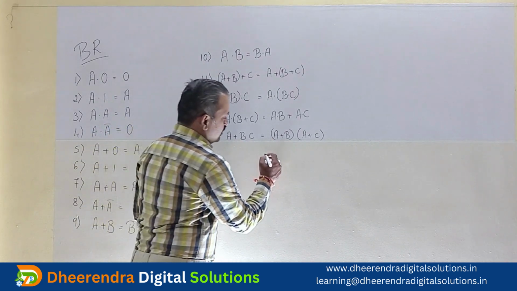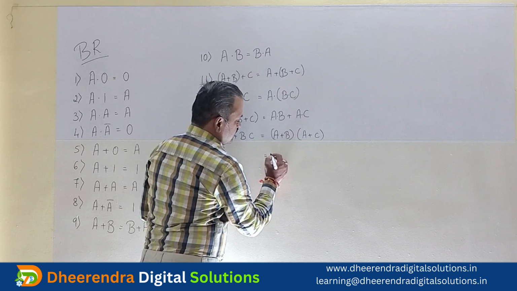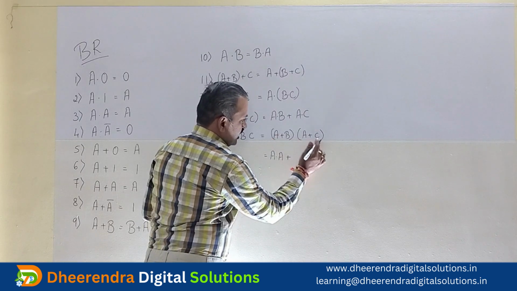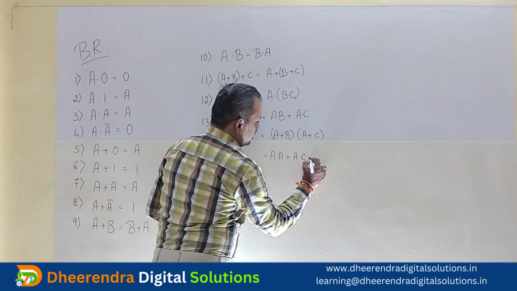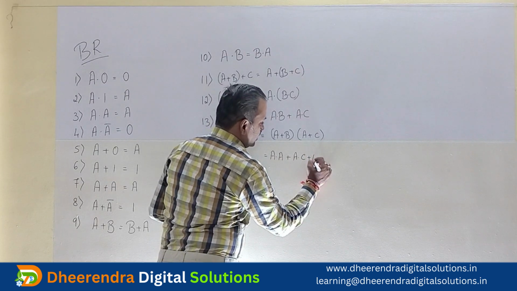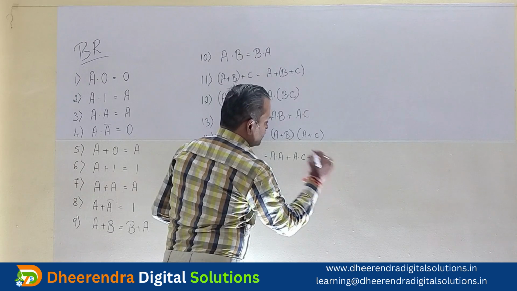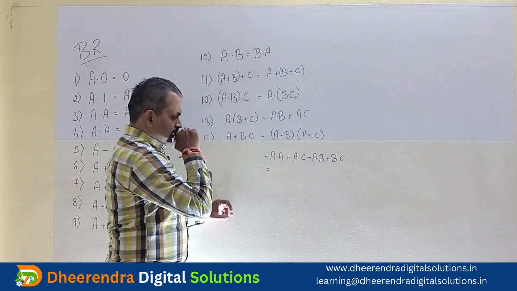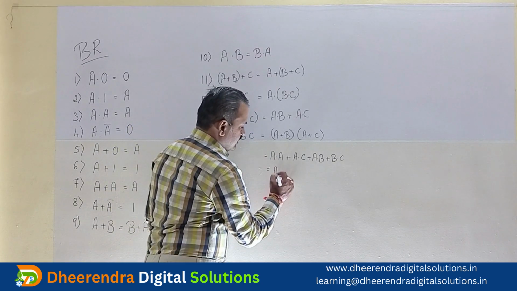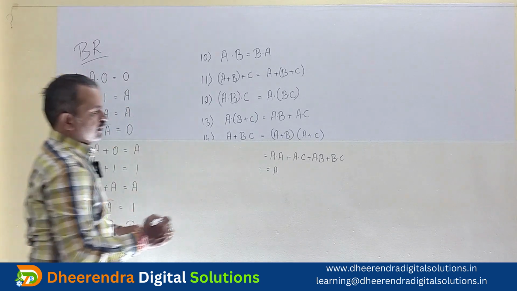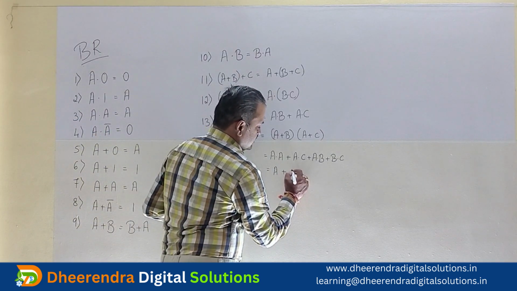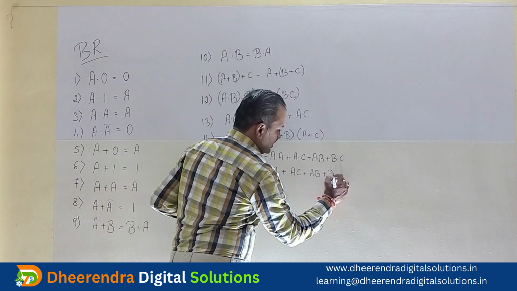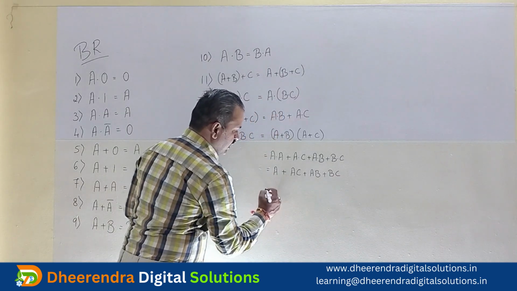So just for your understanding, what we'll do is we'll multiply these two terms, A dot A plus A dot C plus this A into B gives me A dot B plus B dot C. So this is B dot C. In this, what I'll do is A dot A is A, we already know it over here, plus this is AC plus AB plus BC. Now what we'll do is we'll take A common between all these terms.